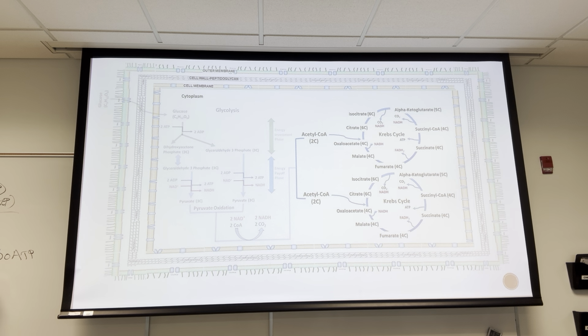So how many are we going to make? 4. That's a total of 34. Do you agree? There's your 38. 4 from SLP and 34 from, watch this, oxidative phosphorylation. The hard way of making ATP.